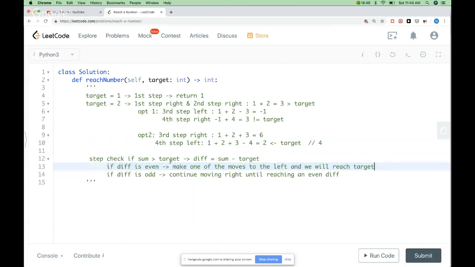But why is this the case? Why is it when the diff is even, we can reach the target by going left once?